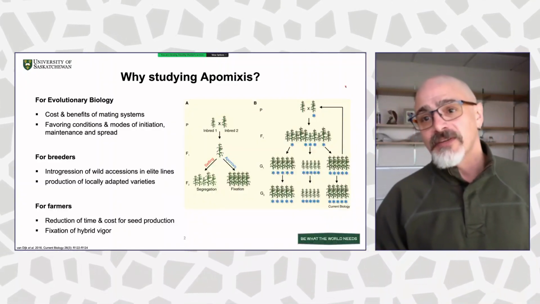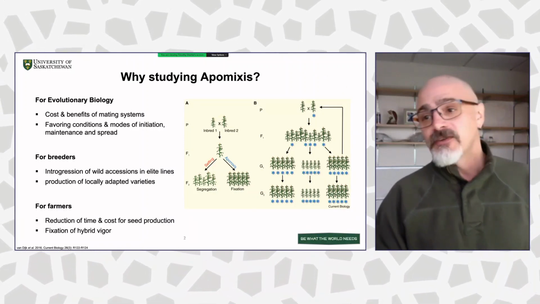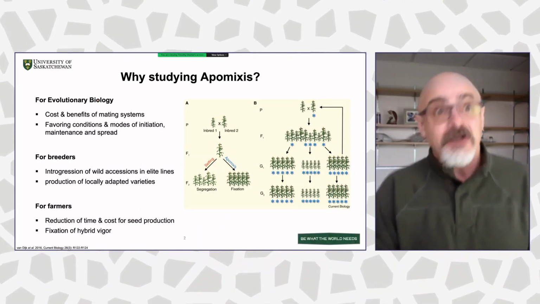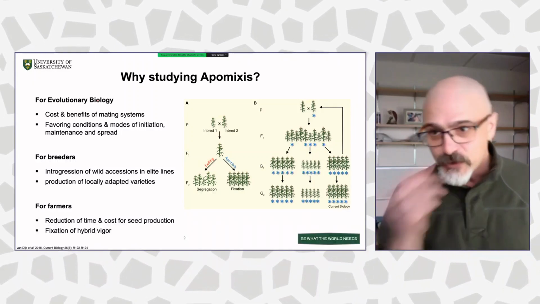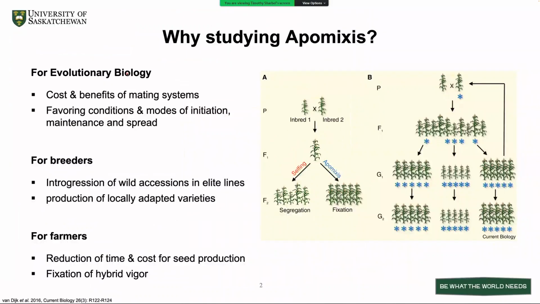Lucia already brought up the points of why apomixis is so important, so I'll just brief over this really quickly. Apomixis is a very interesting topic from evolutionary biology, trying to understand why organisms switch from sex to asexual reproduction. Why is it important for breeders?